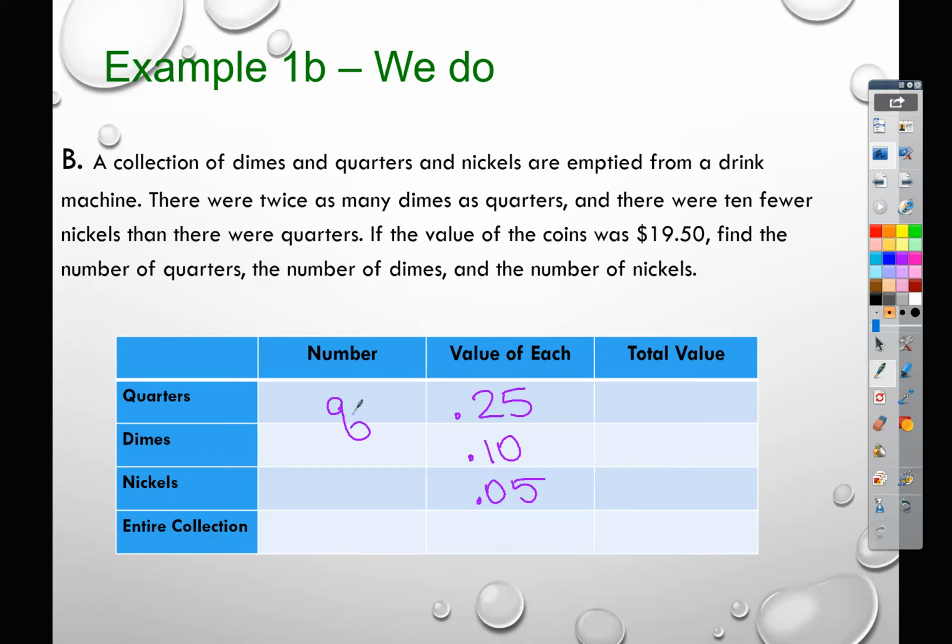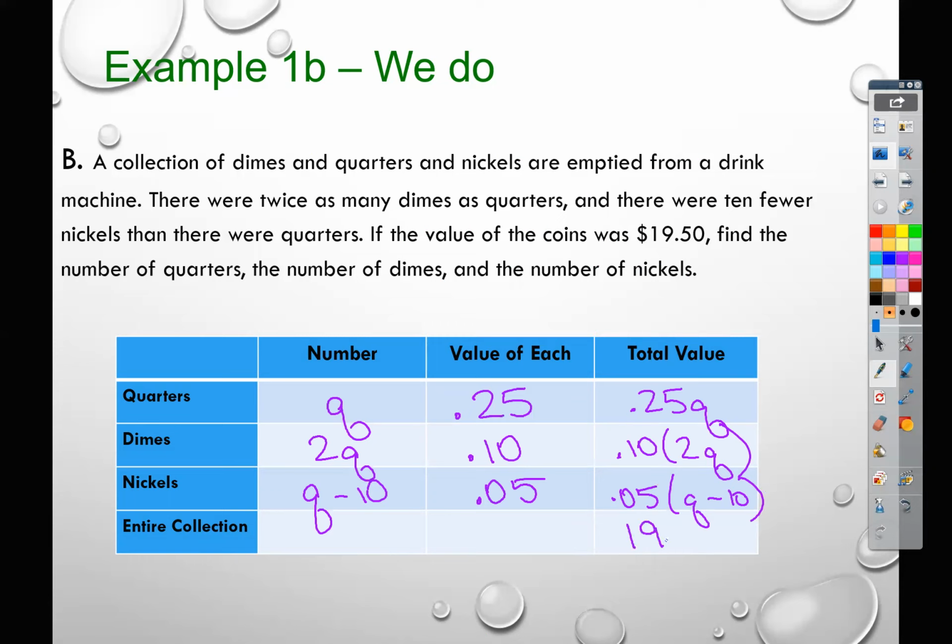It doesn't tell us how many quarters we have, but it does say we have twice as many dimes as quarters, and there are 10 fewer nickels than quarters. So for the total value we would multiply that. And the entire collection, they tell us, is 1950.